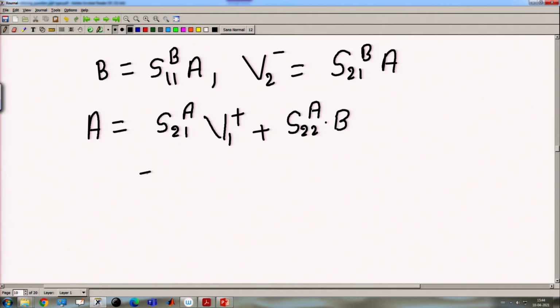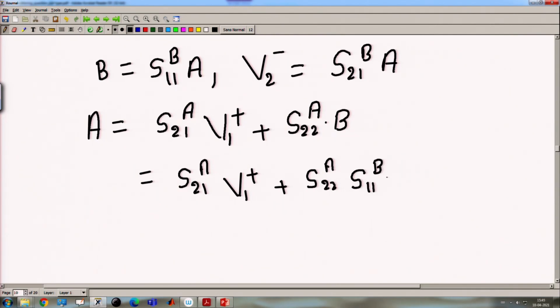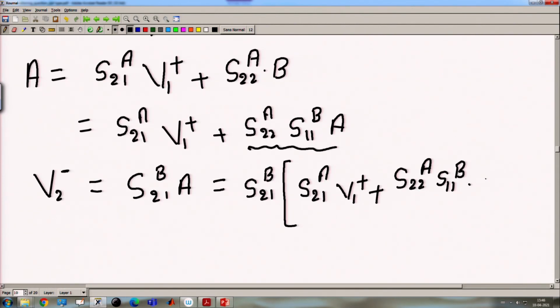So, B we can substitute equal to S21 A V1 plus S22 A, and B will be S11 B into A. Then V2 minus will be V2 minus is S21 B into A. So, we already written S21 B into A into V2 minus divided with S21 B.